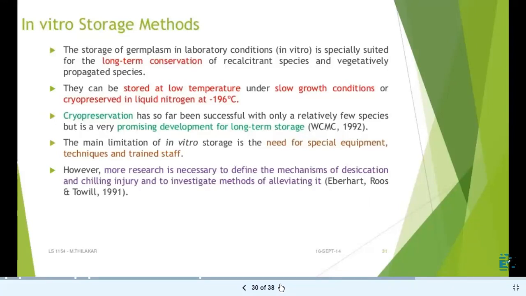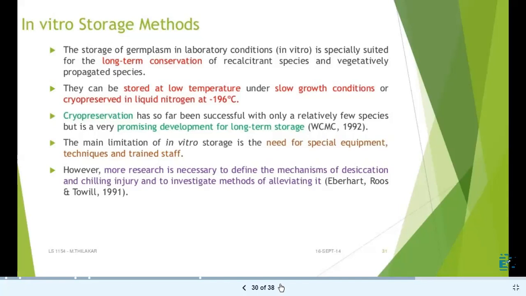Another method is the in vitro storage method. The storage of germplasm in laboratory conditions or artificial conditions, in vitro conditions, is especially suited for the long-term conservation of recalcitrant plant species and also vegetatively propagated species.